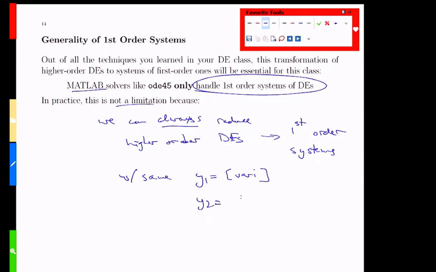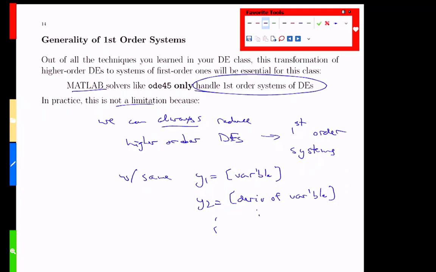Y2 equals, sorry, I should say variable here. Variable. And so on. We can always do this process.